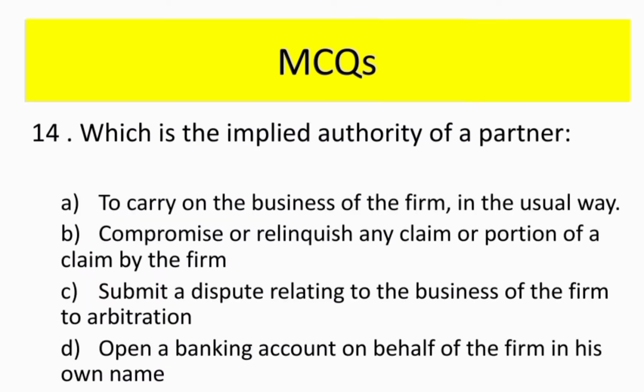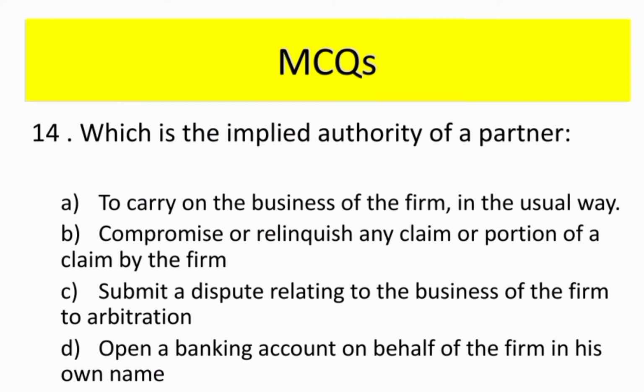Now come to question number 14, which is the implied authority of a partner. Among the options, option A says to carry on the business of the firm in the usual way. Option B, compromise or relinquish any claim or portion of a claim by the firm.